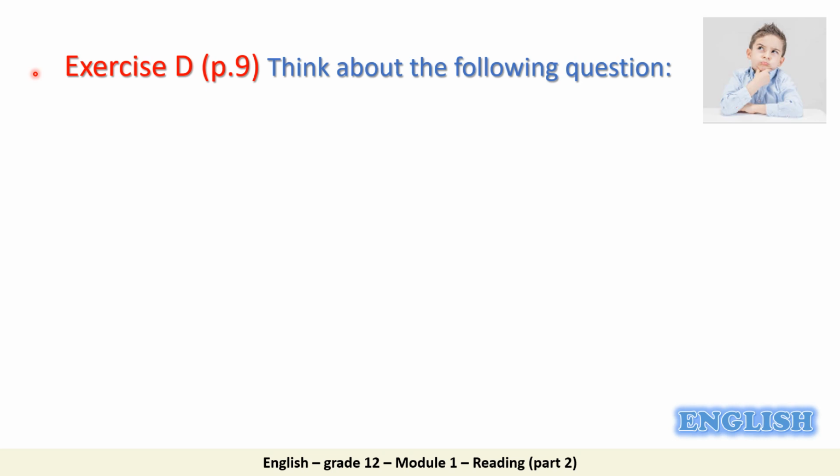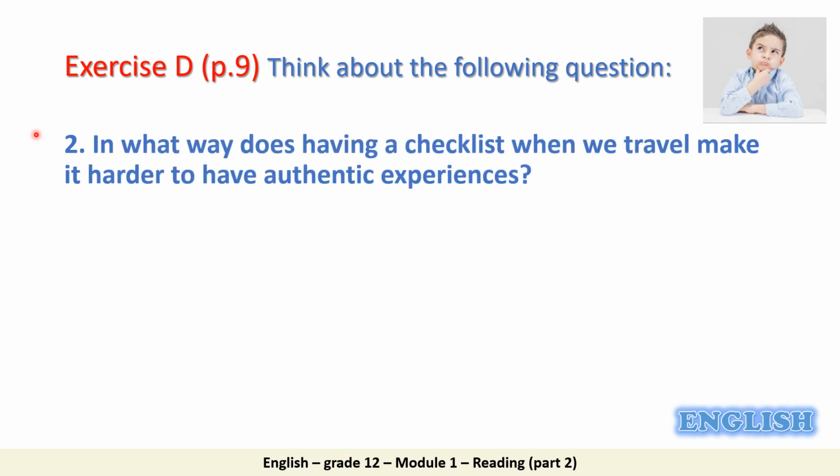We are still working on exercise D, page 9. Take some time to read this question and answer. Please pause the video now. Well, what are the two important things about this question? Excellent.